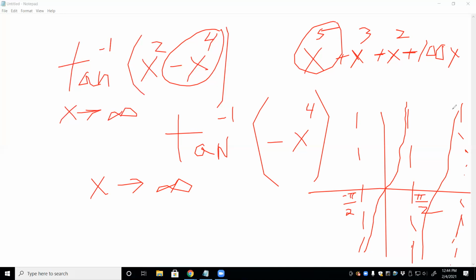But the inverse tangent of infinity... the inverse tangent is the inverse of the tangent. And so when we go to positive infinity, the inverse tangent is approaching pi over 2.